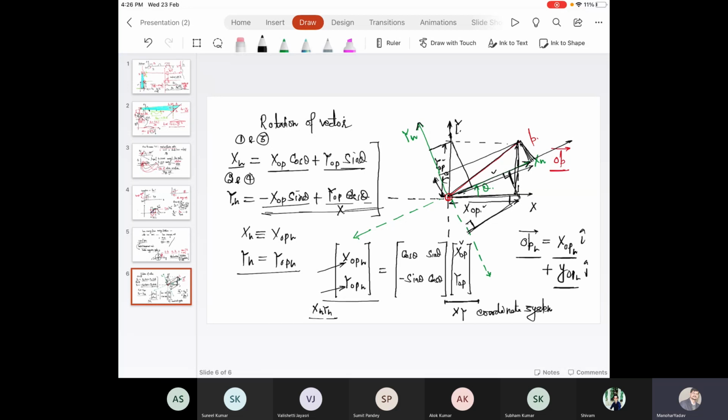In the same way, you can do the derivation for rotating the coordinate system about x-axis and y-axis as well, and derive this matrix. This is called the rotation matrix.